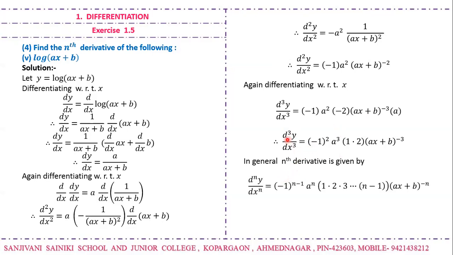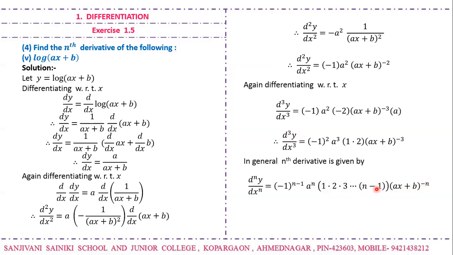Here 3 we are taking 2, so for n we have to take n minus 1. Again here is 3, here is also 3, so a raised to n, then here product of first 2, so product of first n minus 1 numbers, then ax plus b raised to minus 3, so here also ax plus b raised to minus n.